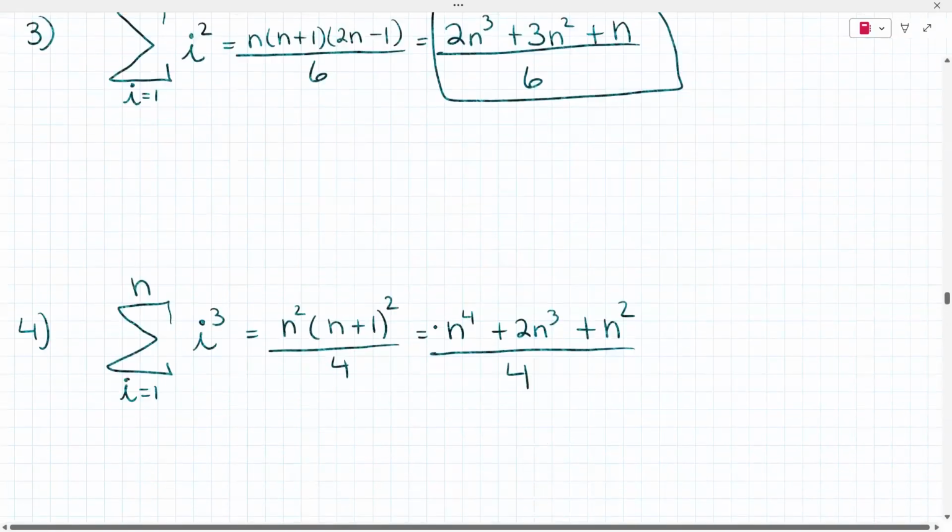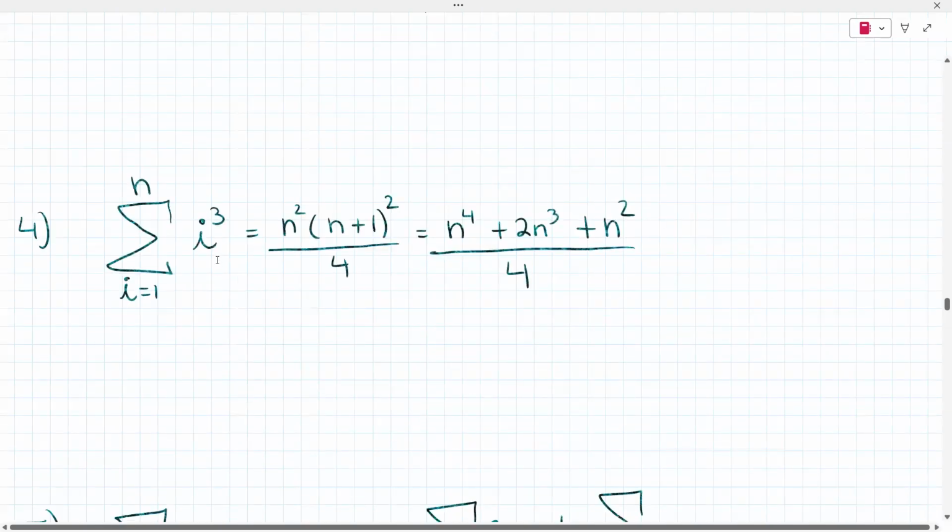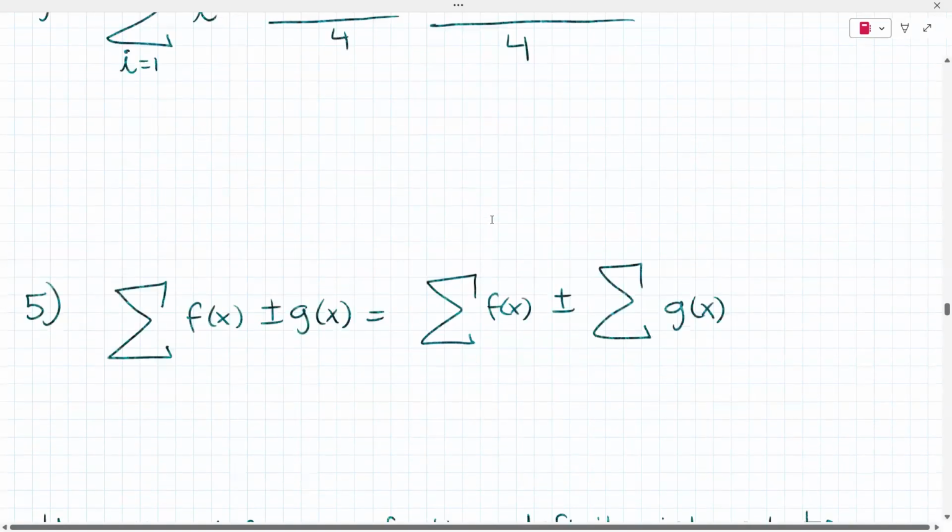Okay, rule 4, if you have an i cubed anywhere in your summation, it would be expressed as n squared times n plus 1 squared all over 4, which can be simplified as n fourth plus 2n cubed plus n squared all over 4. Okay.